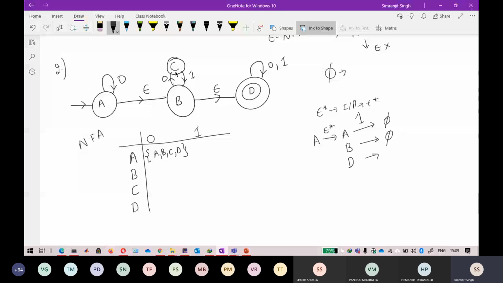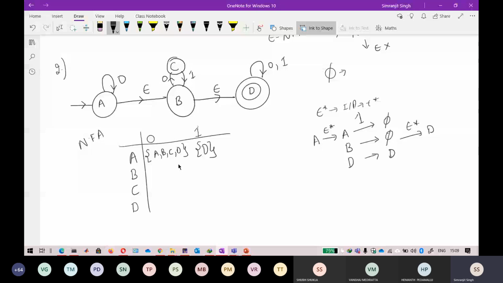If you see, it is from C going towards B, but B is not going towards anybody. Okay, so on D, on getting an input of 1, it's staying at D. So the epsilon closure of D is D itself. I think only this. Okay, so this is your first starting one.